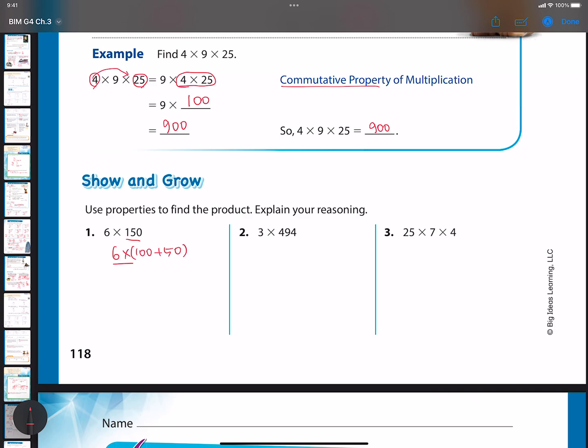Yes, let's do that. 6 times 100 plus 6 times 50. All right, 6 times 100 is what? 600. And 6 times 5 is what? 30. And add one more zero. It becomes 900. All right, let's move on to number 2.